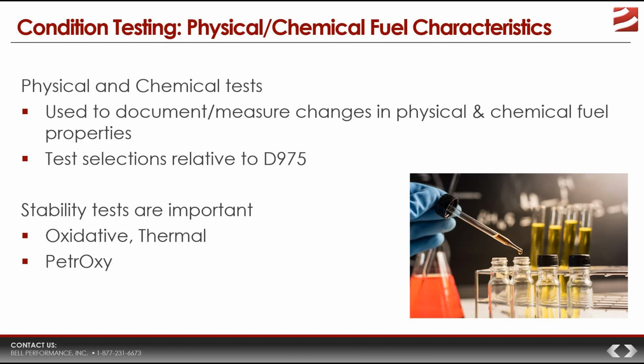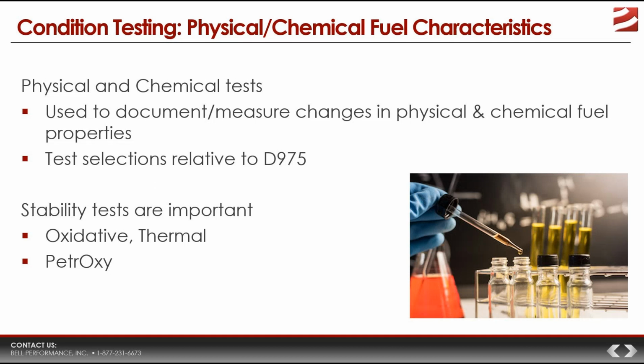In the case of mission-critical entities that are sometimes required by regulatory rules to do fuel testing like this, they typically default to the ones that are required by ASTM D975. D975, of course, we all know is the diesel fuel specification. And so cetane value and viscosity would be two of the physical or chemical tests that are specified in that.